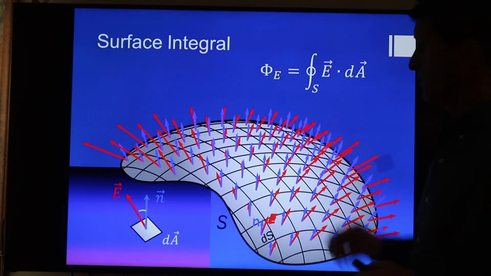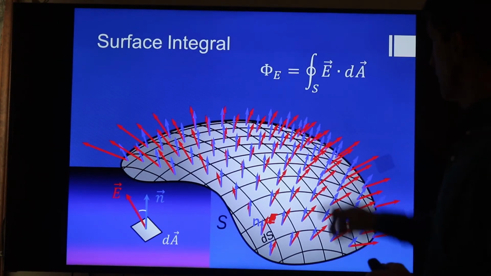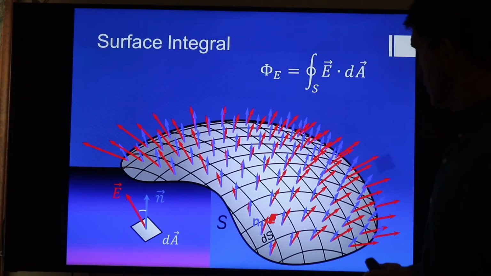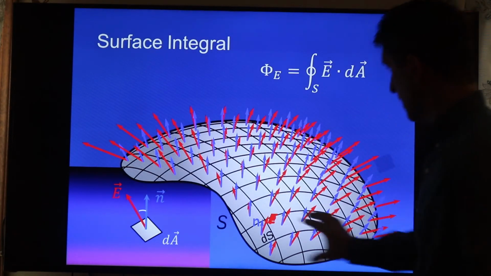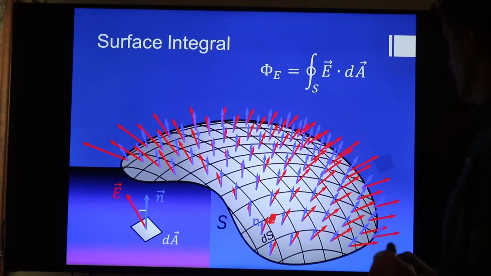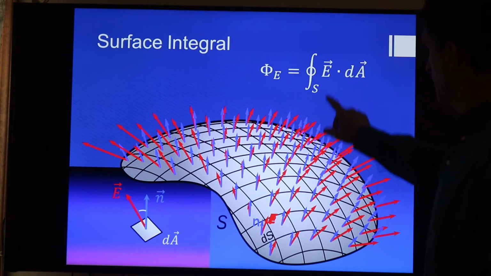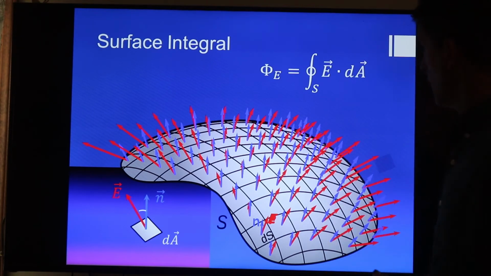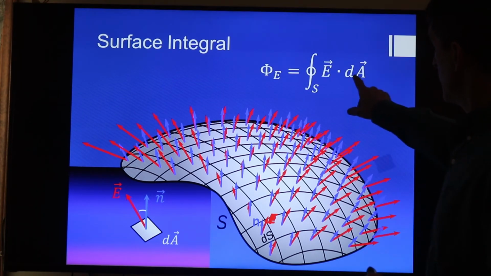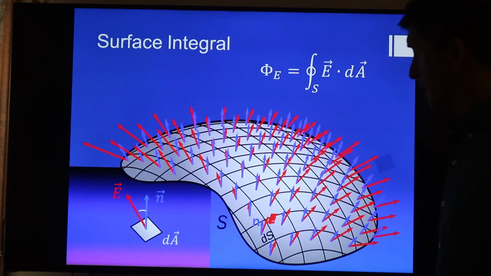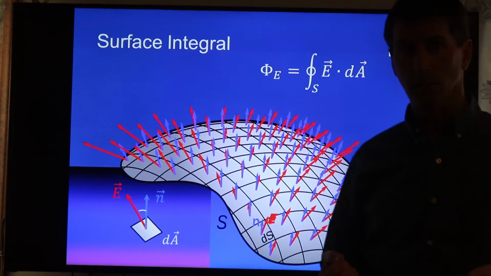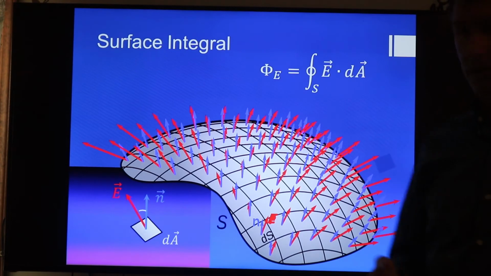Again, here's our equation for electric flux, and here's our surface integral right here, which just tells us that we're going to add up all the contributions from all these different squares. Here's the electric field, which is in red, and this blue vector represents the normal direction, the perpendicular direction.